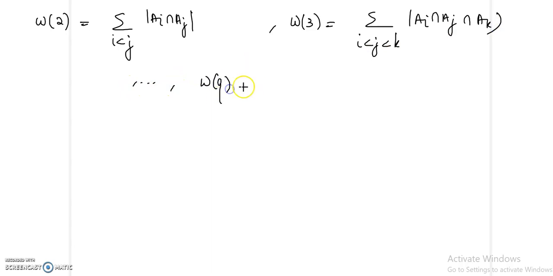ω(q) will be equal to the cardinality of A1 intersection A2 intersection ... intersection Aq.